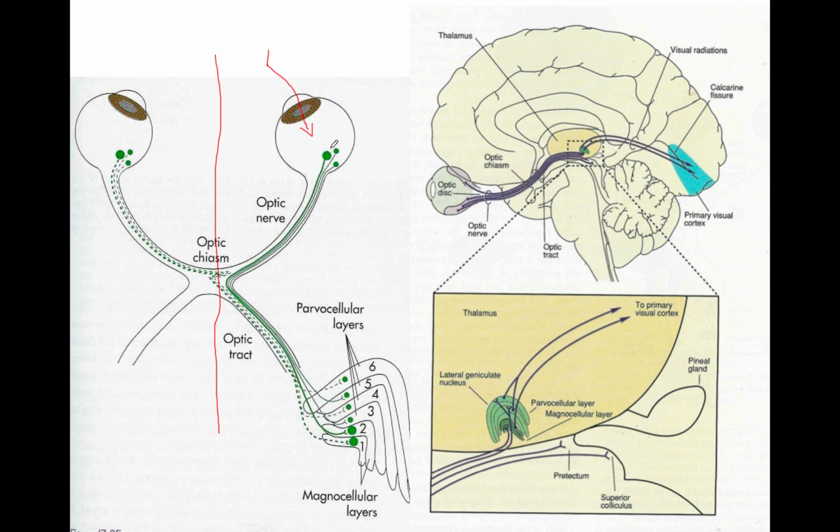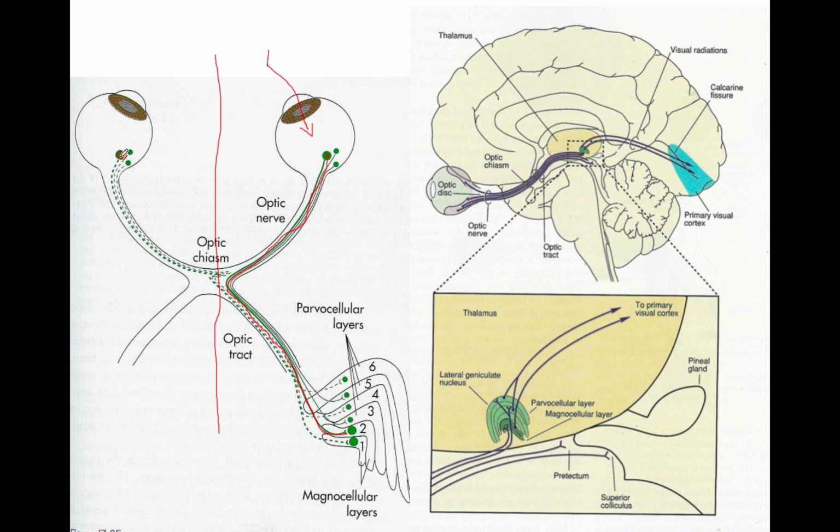So if you're hitting this particular part of the retina, for example, like this guy, given the way the retina works, that information is carried over and feeds into layer 2 of the lateral geniculate nucleus. So this is getting ipsilateral information.